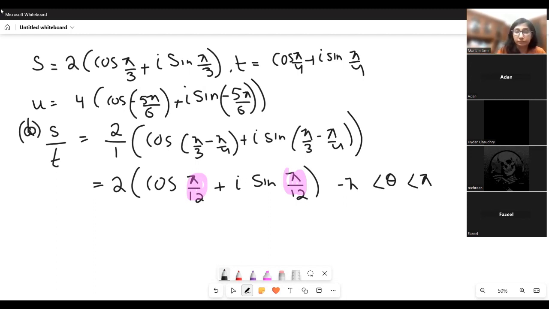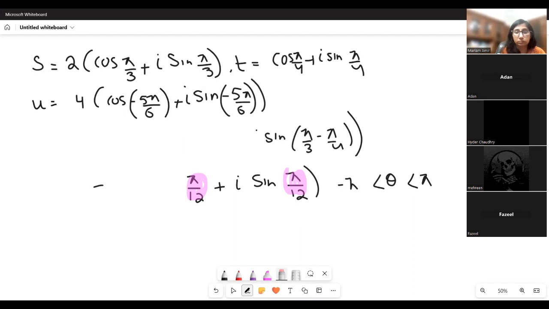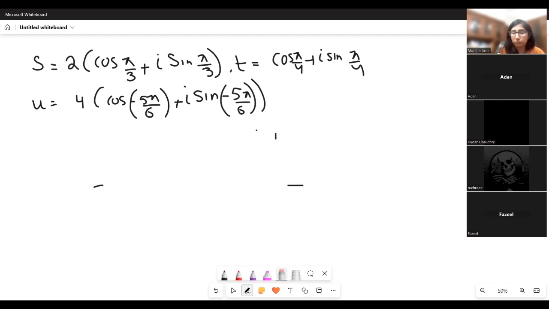Part C is S times U. So that is going to be multiply the R's of S and U, that is going to be 4 times 2, 8. And then add the theta.